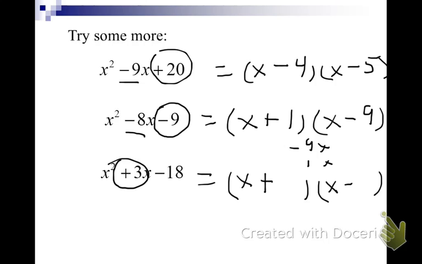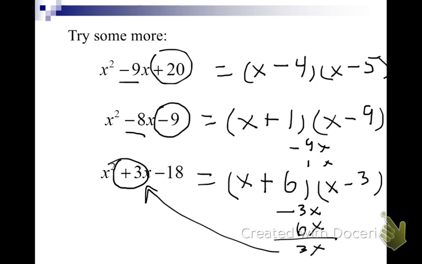And what two numbers multiply to negative 18 and add to positive 3? Well, one's going to be positive, one's going to be negative. 6 times 3 is 18. So it's positive 6, negative 3. Again, I'm going to check that by multiplying the x times the negative 3 and the 6 times the x, and those add up to 3x, and that's what I'm looking for here. So those are some other examples of factoring by trial and error.